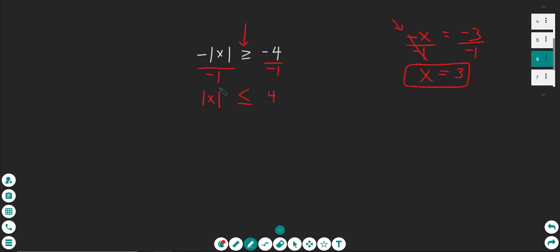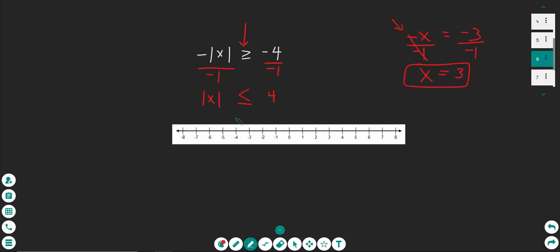All right. So now we're kind of back to where we started in the previous problems. So how could we then graph this? We can graph it again by thinking of it in terms of we're looking for x values such that they are less than or equal to 4 units away from 0. All right, so where's 4 units away from 0?